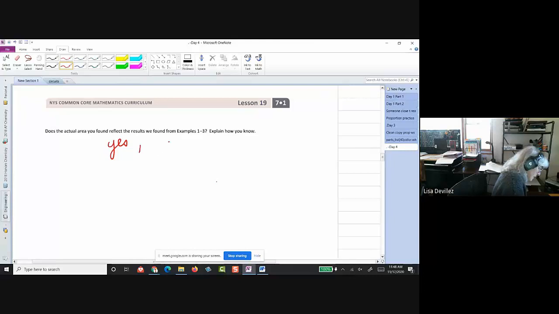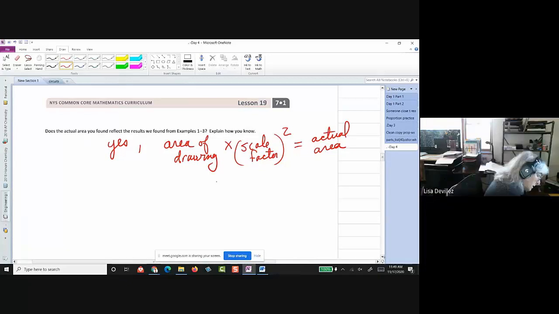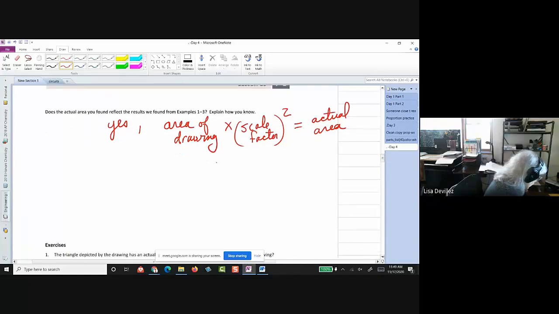Yes, because the area of the drawing, which is our scaled thing, times the scale factor squared is equal to our actual area. Okay. All right.